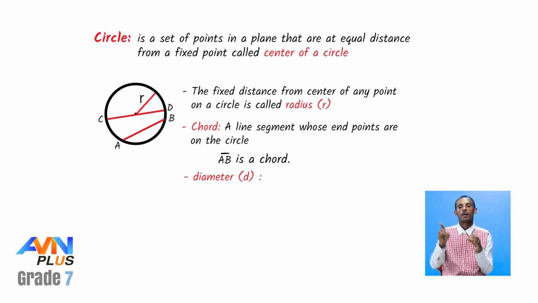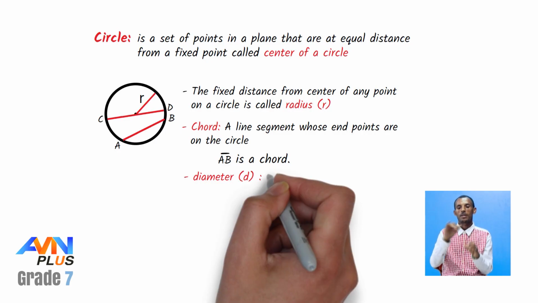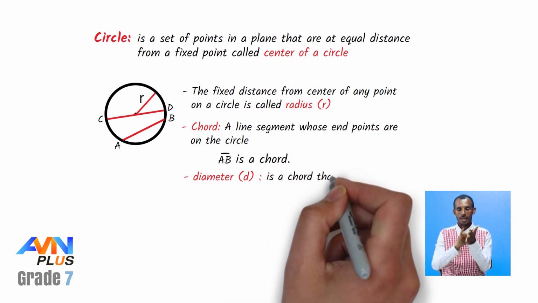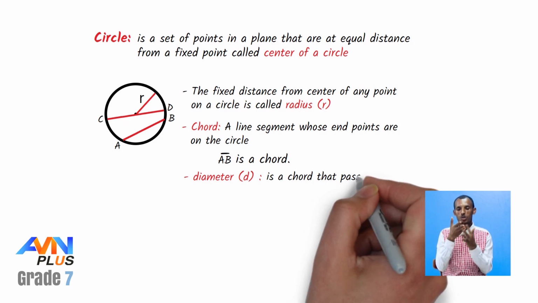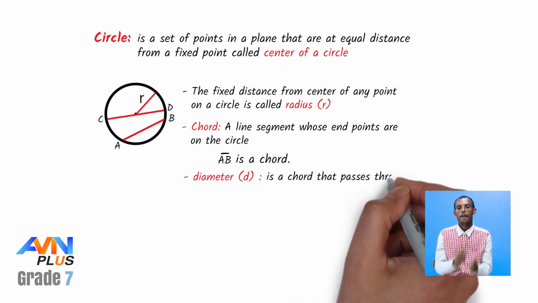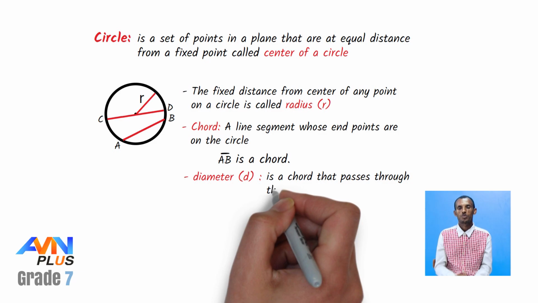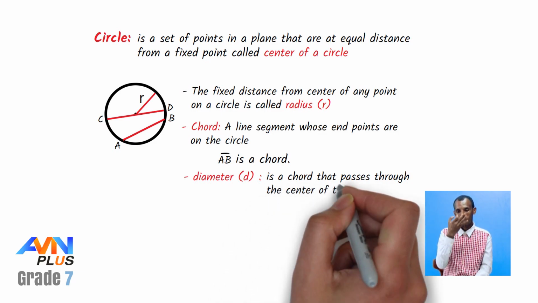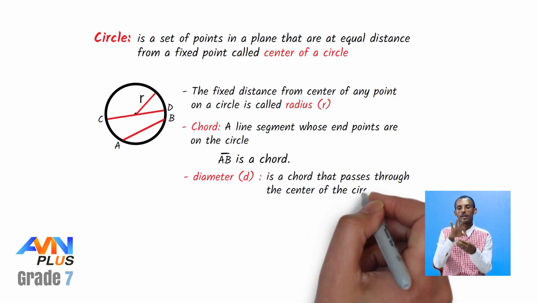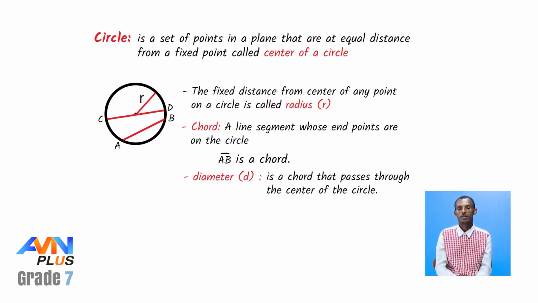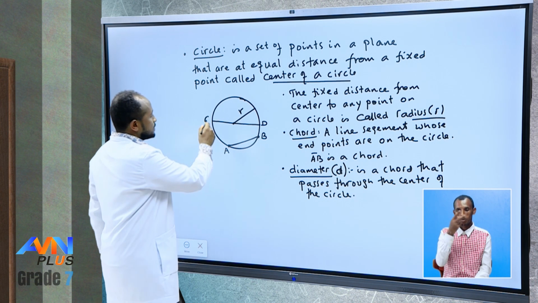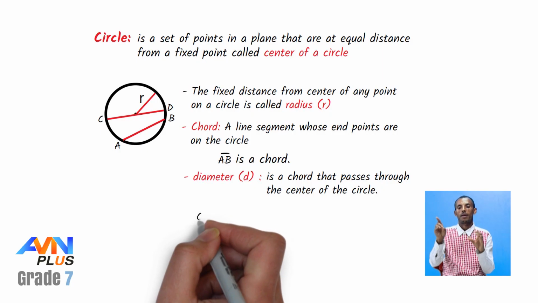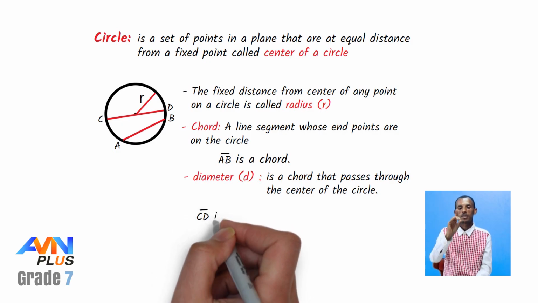So a diameter is a chord that passes through the center of the circle. As you can see here, CD is a diameter.